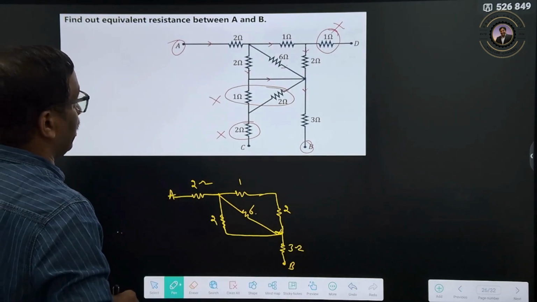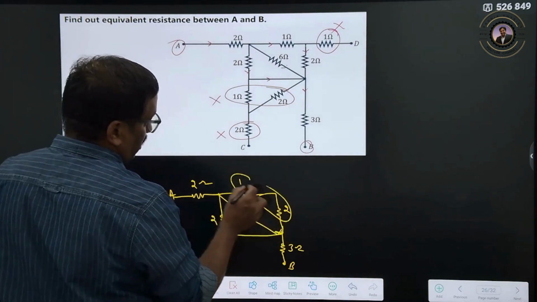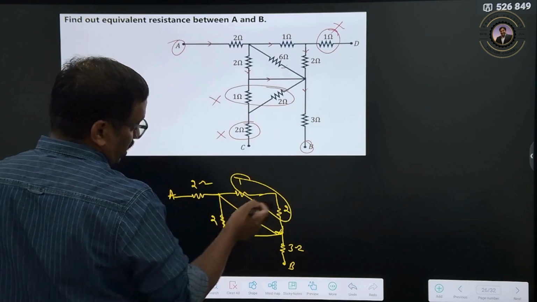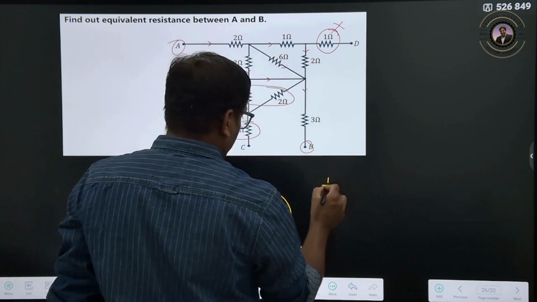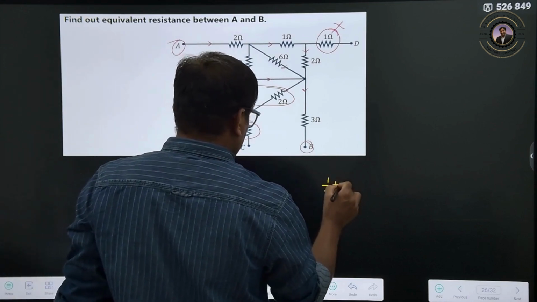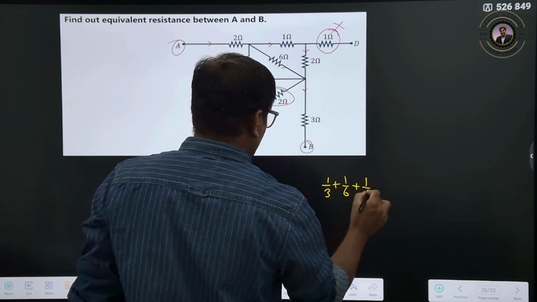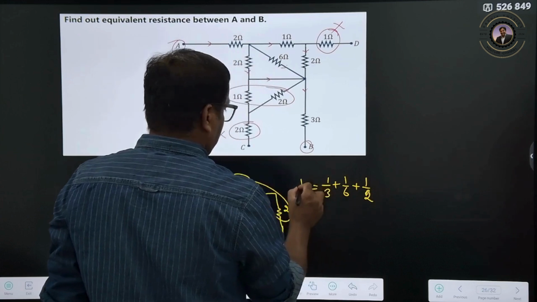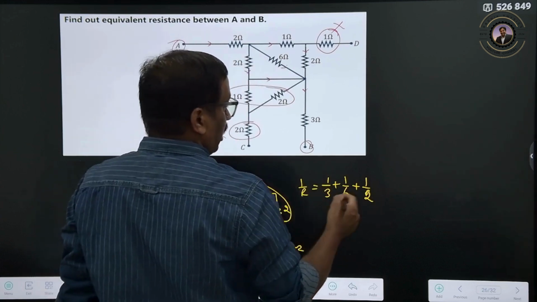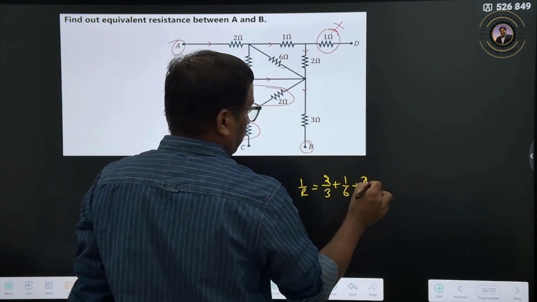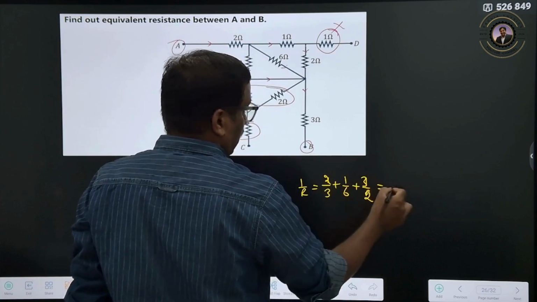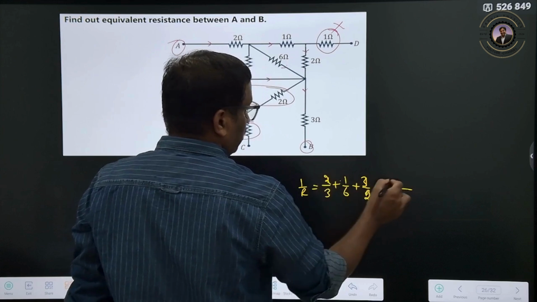Now what you can get: these two are in series, so this is 3, and these 3 are in parallel. So 1 by 3 plus 1 by 6 plus 1 by 2. So 1 by R, I can make it 6, therefore 2 plus 1 plus 3 is 6 by 6.